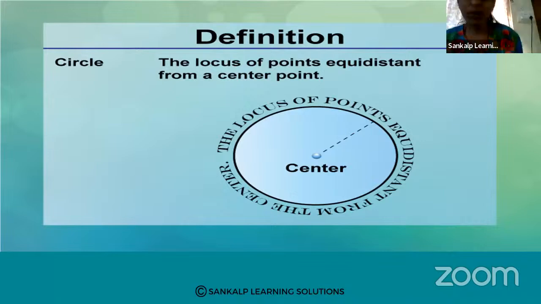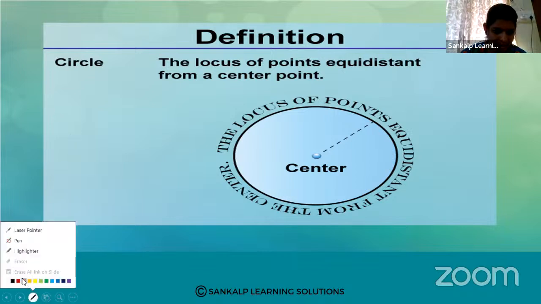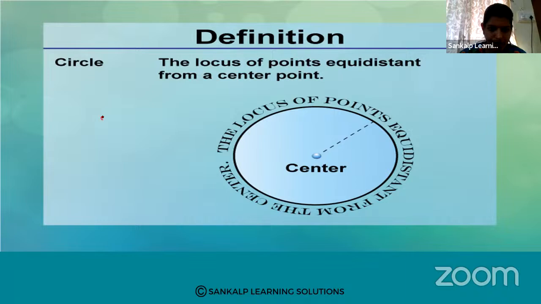That means it is the collection of points from a fixed point. This is a fixed point I am considering. The collection of points from a fixed point, we call it a circle, right?